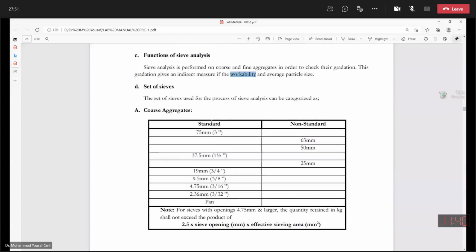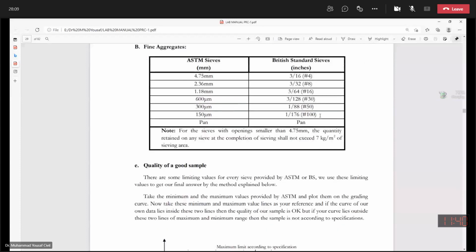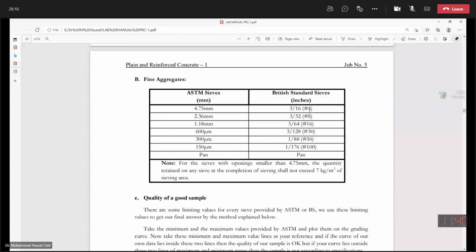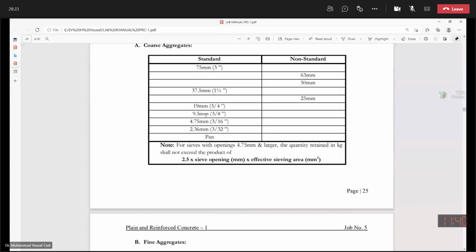Similarly, for the fine aggregates, this is the series and sequence for arranging the sieves one above the other: sieve number 100, 50, 34, and sieve number 4. Even if you are placing sieves above this one, this is 2.36 and 4.7, 9.5 millimeter and 19 millimeter.